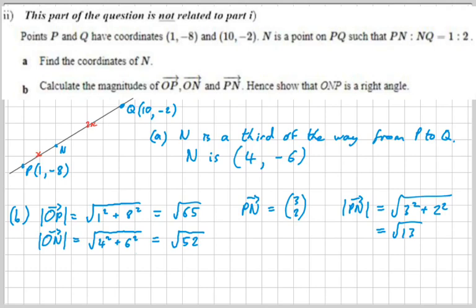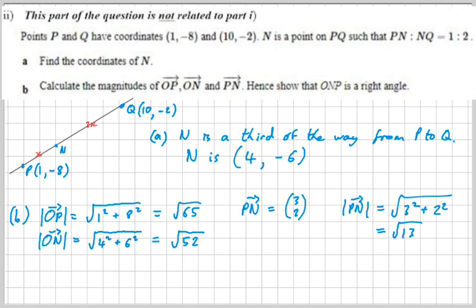Hence show that ONP is a right angle. Well, if ONP is a right angle, then triangle ONP is a right angled triangle and must therefore satisfy Pythagoras' theorem. If you look at our numbers that we've got, 13, 52, 65, you hopefully spot that that does immediately satisfy Pythagoras' theorem.